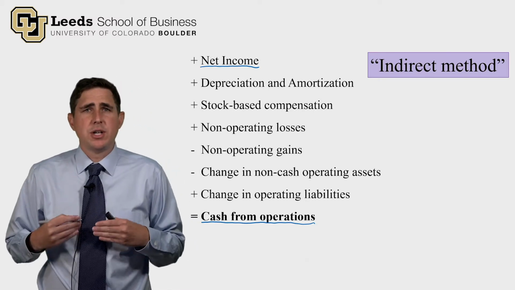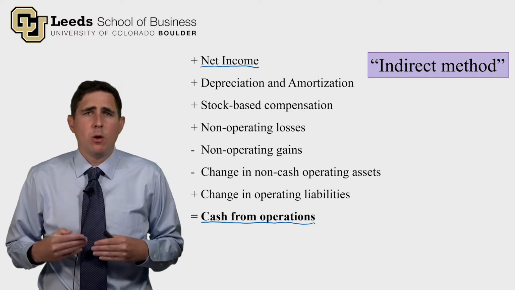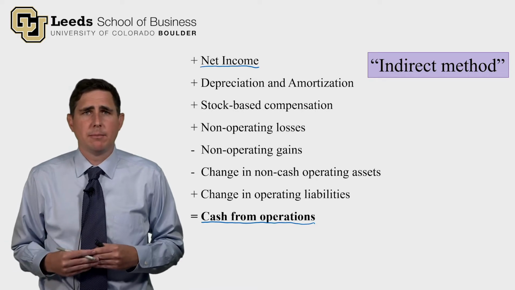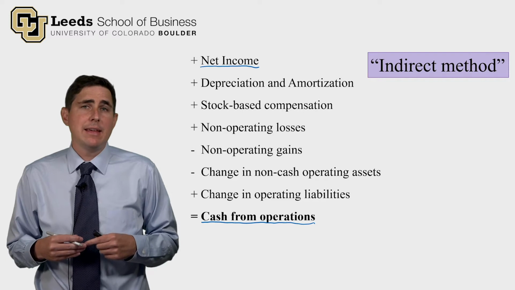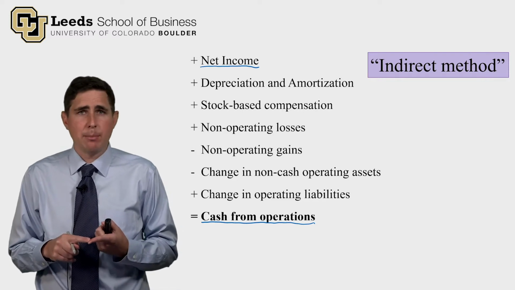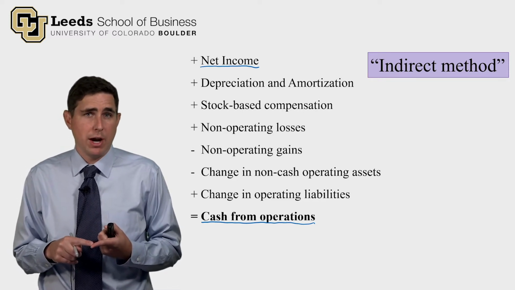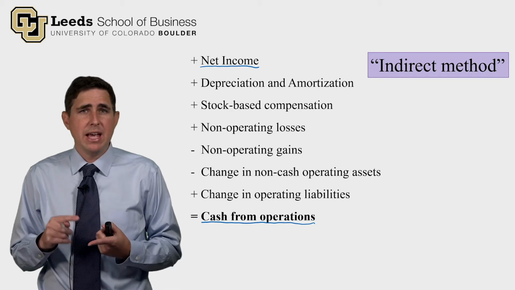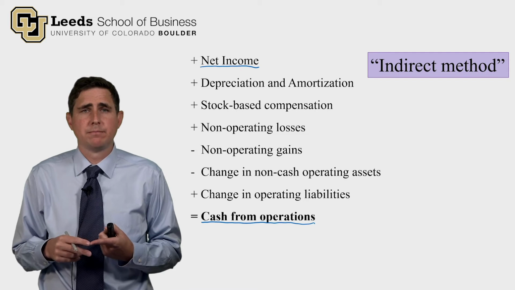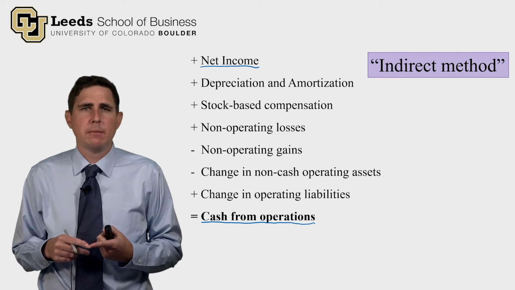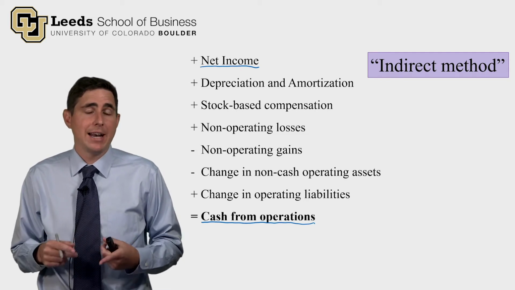What are these adjustments meant to do? Well, they're meant to take things out of net income. What kind of things do we want to take out of net income? We want to take anything out of net income that is not operating. So, because we're trying to calculate cash from operations, if there's any operating gains or losses in net income, we want to take those out. What else do we want to take out of net income? Well, we want to take out anything that's not cash.